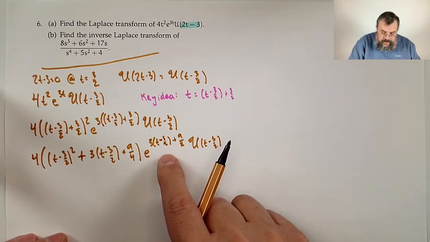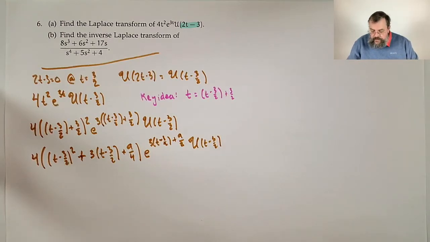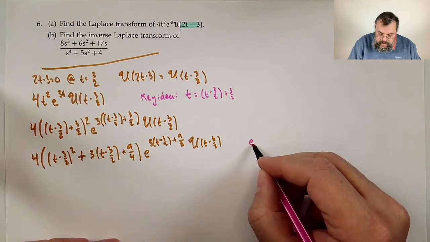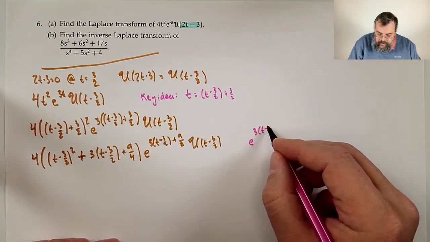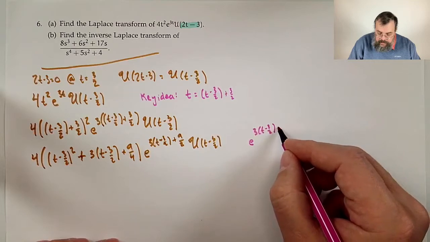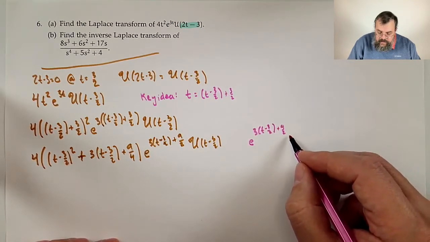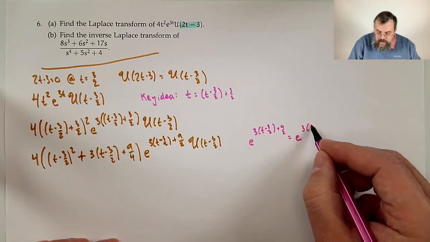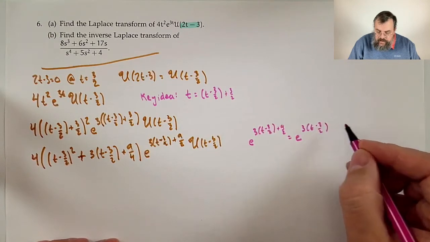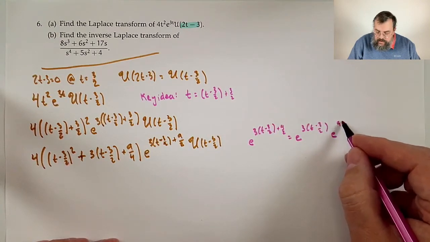And now we should note, of course, make another quick note here, e to the 3t minus 3/2 plus 9/2 is equal to e to the 3t minus 3/2 times e to the 9/2.